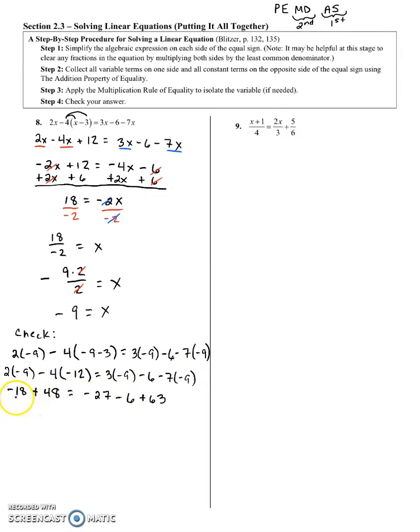Okay, now we do the additions and subtractions. So -18 plus 48 is 30. -27 minus 6 is a -33 plus that 63. So 30 equals 30, and we are good.